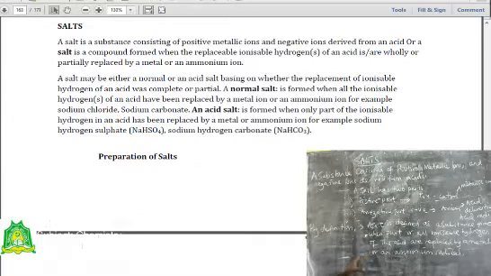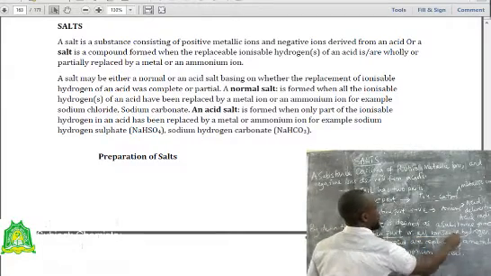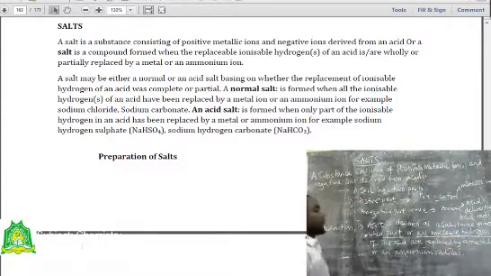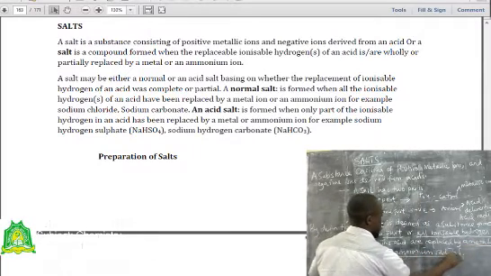So that's how we define a salt: a compound formed when part or all the ionizable hydrogen ions of the acid are replaced by a metallic ion or ammonium radical.